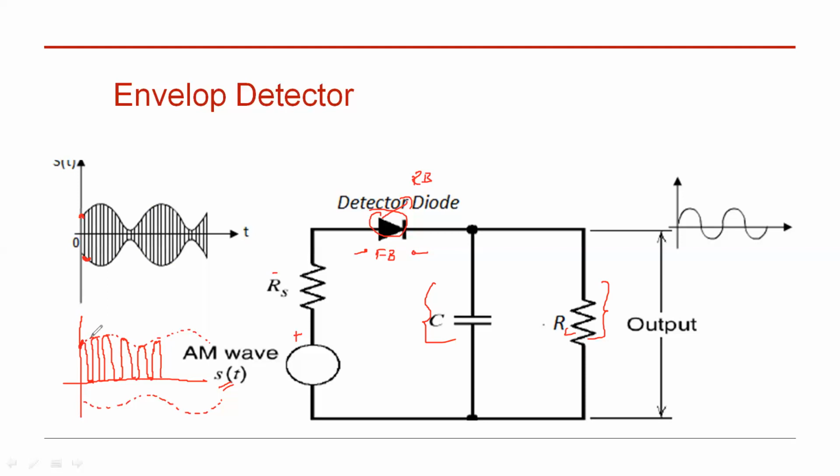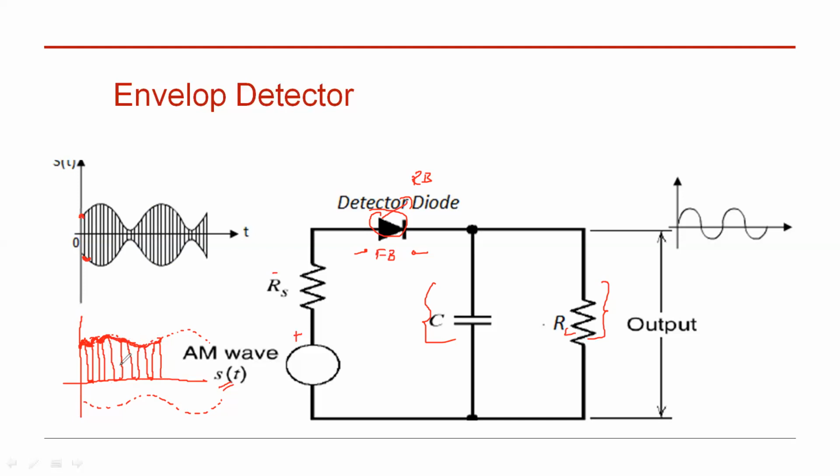Whenever the voltage is lesser than its peak voltage, the diode will be reverse biased and the capacitor starts discharging, until it finds the next positive peak. Once again, whenever the input is reducing, the capacitor discharges. Whenever it finds the peak of the wave, it is charging. This process of charging and discharging of the capacitor continues.